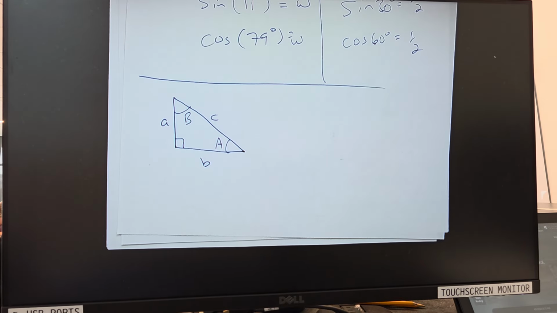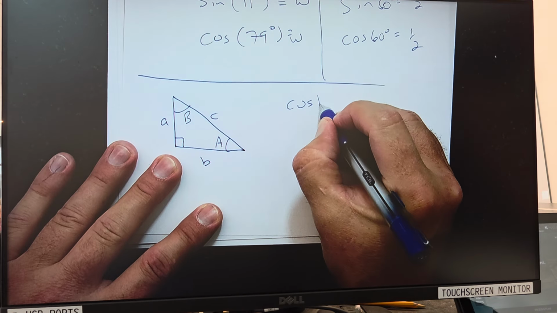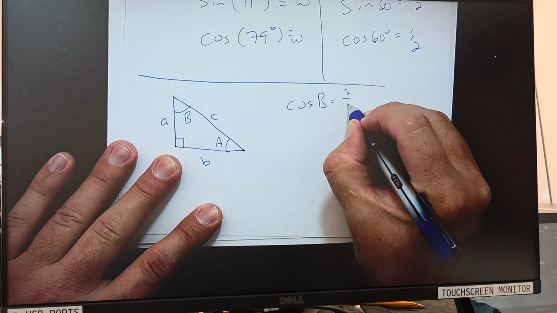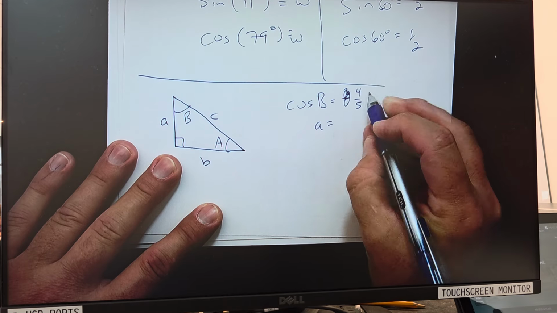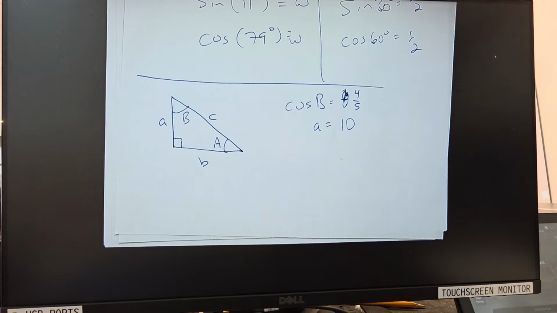It's just the convention. It kind of makes sense. We want the big B mouth to have the little b stick in it, so they go together. So when they give you a problem with this, cosine B is 4/5. And then it said A is 10? Yes. Okay.